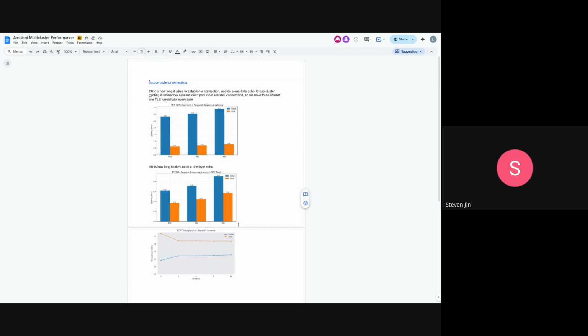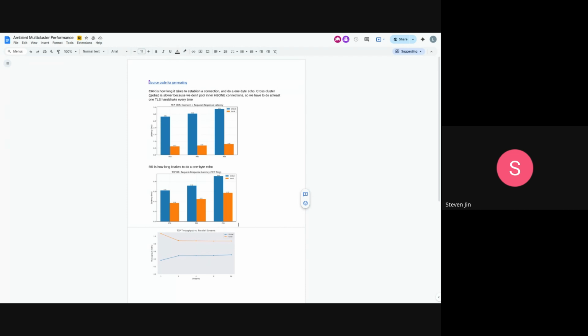And then request response is just a TCP ping on an established connection, and that adds about 0.1 or 0.2 milliseconds of latency. So these numbers aren't great if they were single cluster, but given that we already are going to have latency from cross cluster traffic, I don't think a 2 millisecond penalty is too bad.